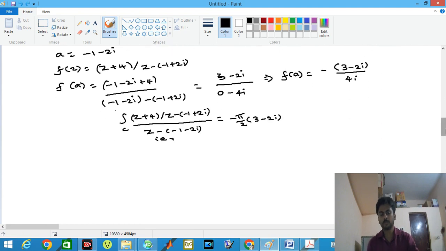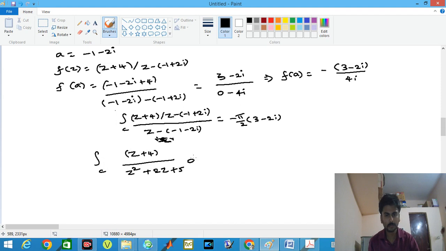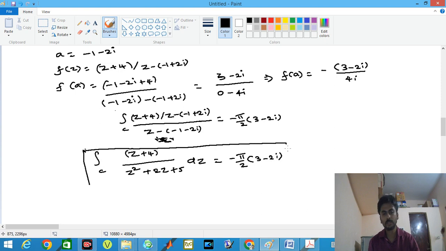The question is integral over c of z plus 4 divided by z square plus 2z plus 5 into dz equal to minus pi by 2 into 3 minus 2i. Hence this is the solution.